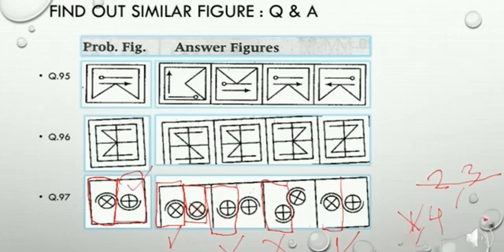So now we have rejected 3 options. Option 4 is automatically the right answer. Just for the sake of confirmation, we can check it. When we go to option 4, we find the right hand side portion is exactly the same as the portion in the problem figure.